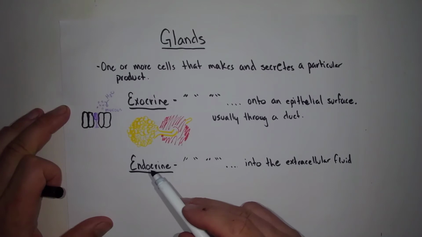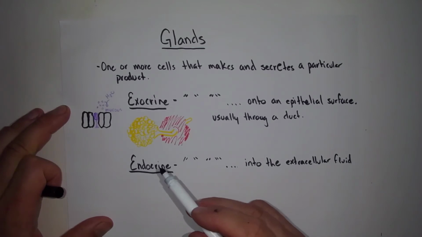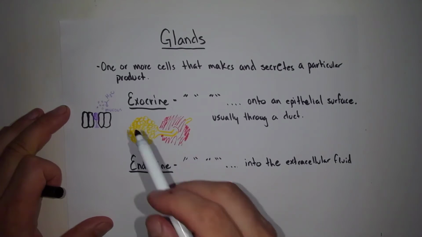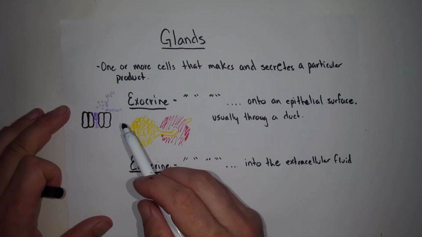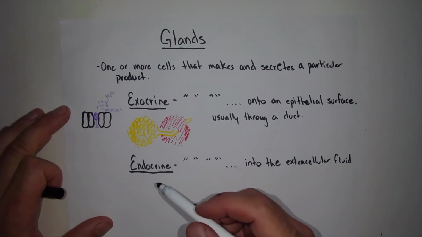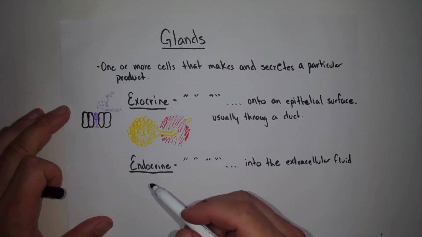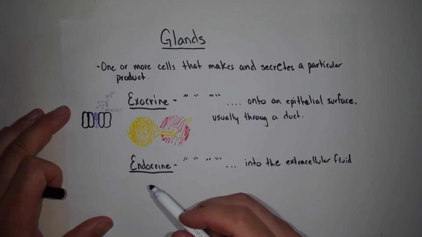And these products can travel long distances to do some signaling, where exocrine secretion is more like sweat and saliva, less so signaling molecules. The endocrine secretions, hormones, which we'll talk about in a couple videos, are signaling molecules that travel long distance.